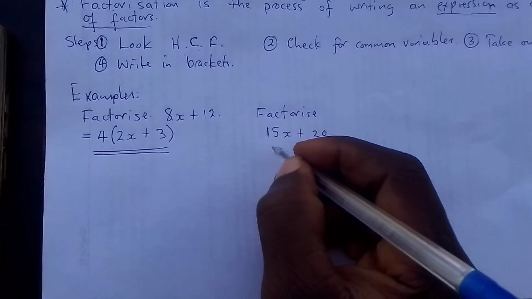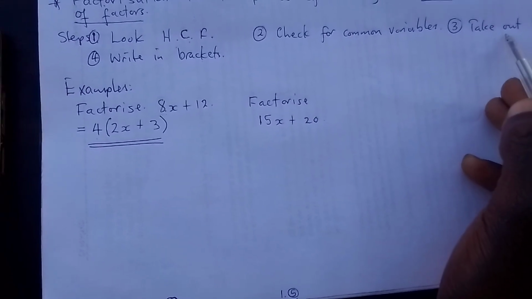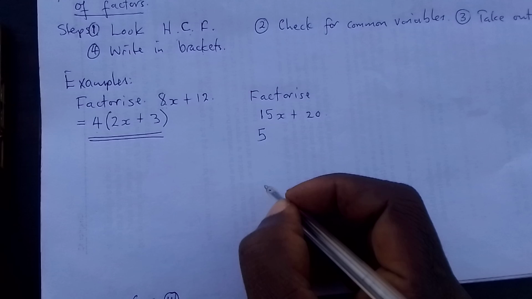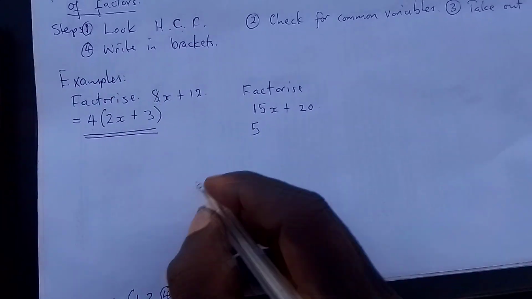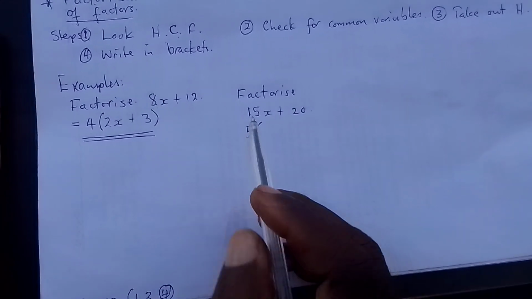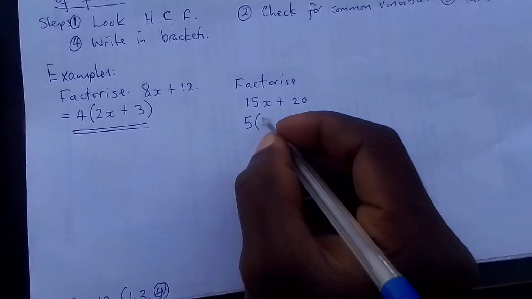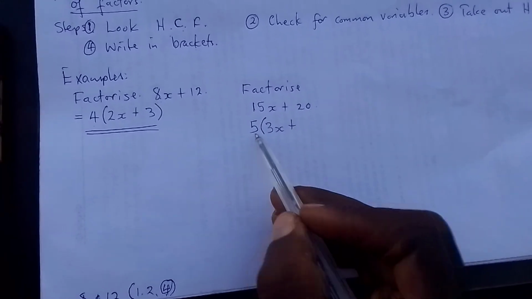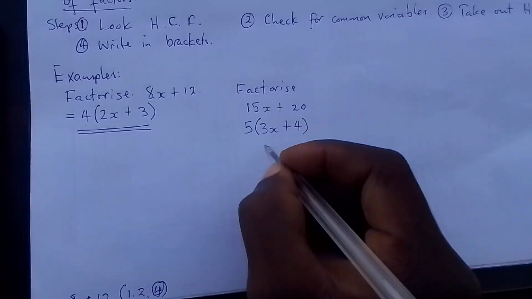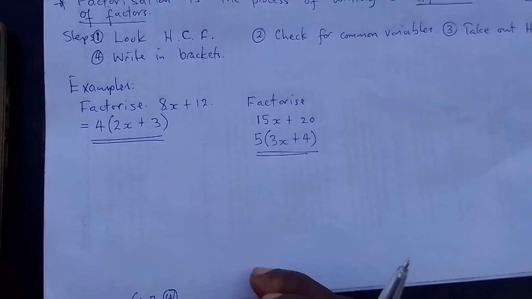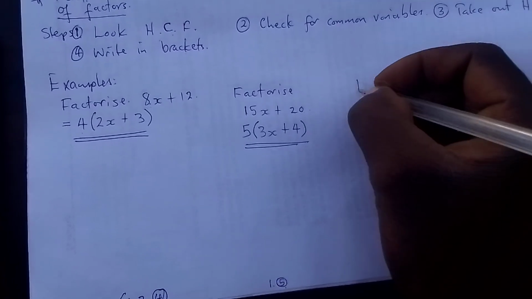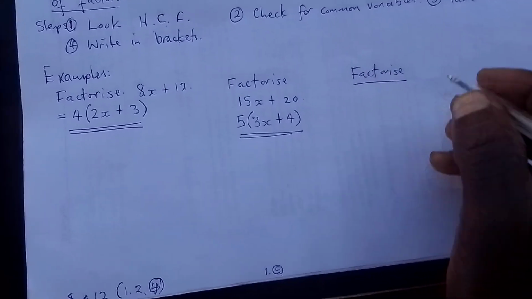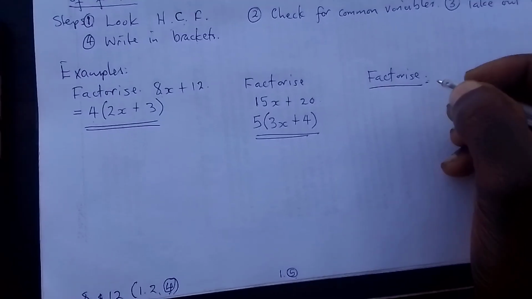Right, ngatichinyorai tichienda pa step number 3. Take out the highest common factor 5. Step number 4, write in brackets, open bracket, 15 divided by 5, 3x, plus 20 divided by 5, 4. You see?